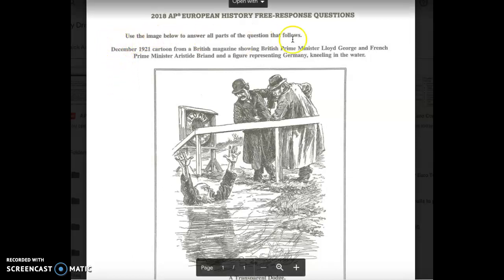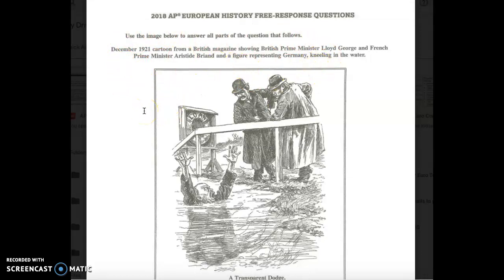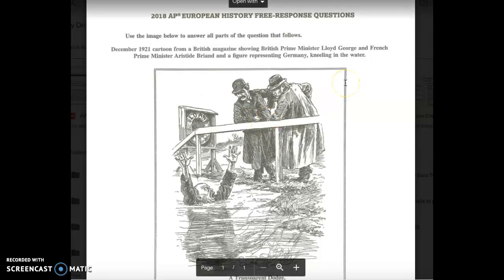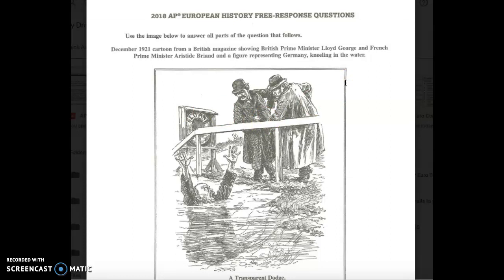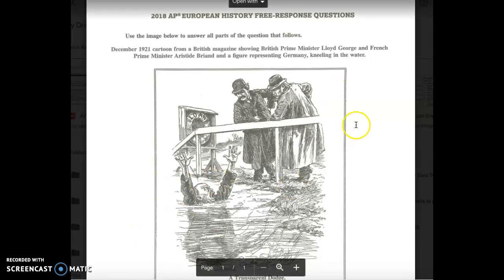You always want to read this information if it is being provided to you because it can help you with your answer. This background information tells you that it's a December 1921 cartoon from a British magazine showing British Prime Minister Lloyd George and French Prime Minister Aristide Briand and a figure representing Germany kneeling in the water.